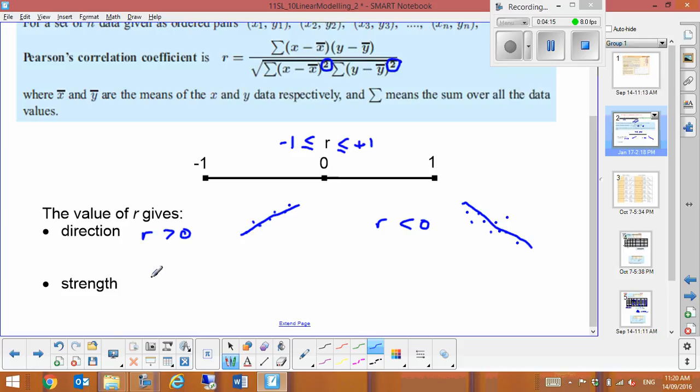The strength, that's related to the absolute value of R. Remember that symbol, the straight lines, is the modulus or absolute value. So if that equals 1, then we've got a perfect correlation.